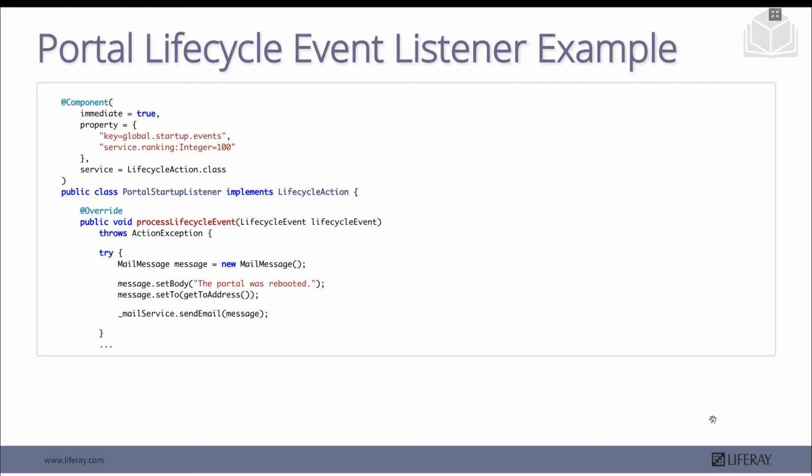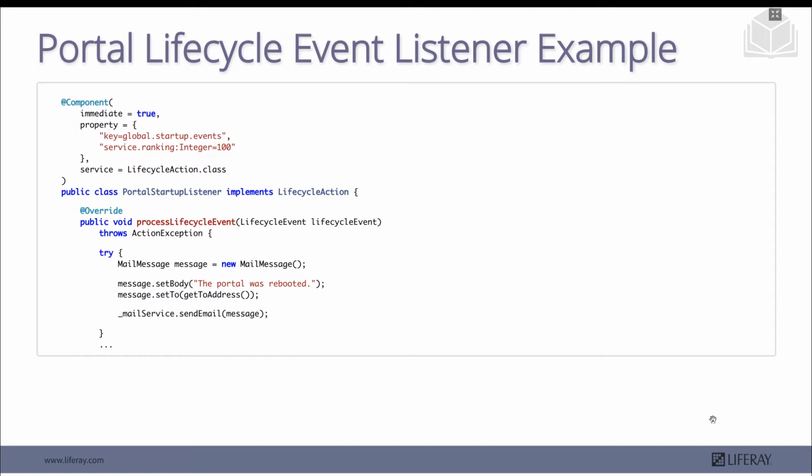So an example here, we'll start off, we'll see that our class implements the lifecycle action just as we need it to. In the component annotation, in the property attribute, we see key equals global startup events. So this key equals that value is the specific event that we want to tap into.